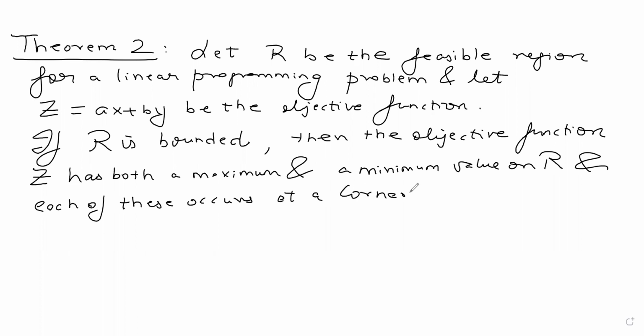We have just talked about corner point a few minutes back, also called the vertex. Nothing but the point of intersection of the two boundary lines of R.